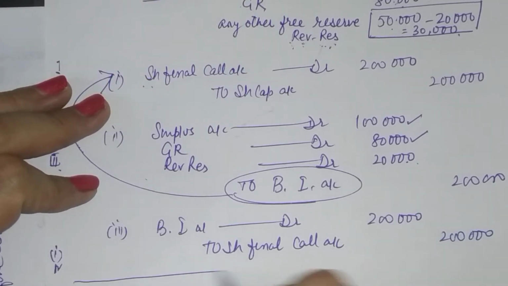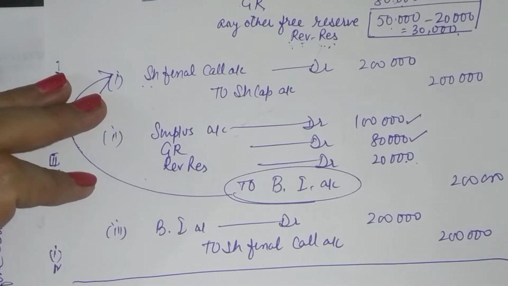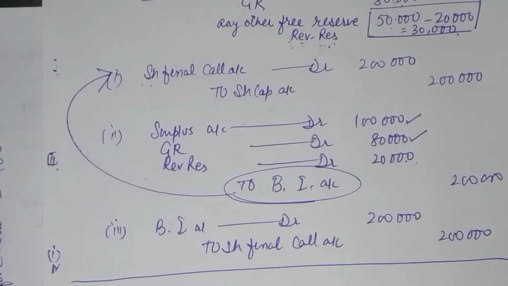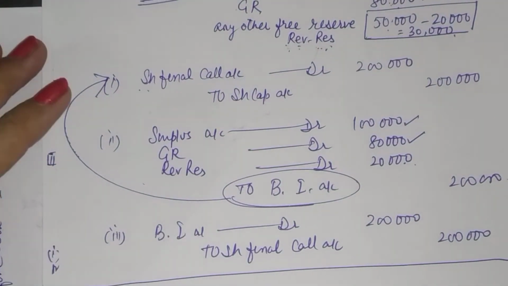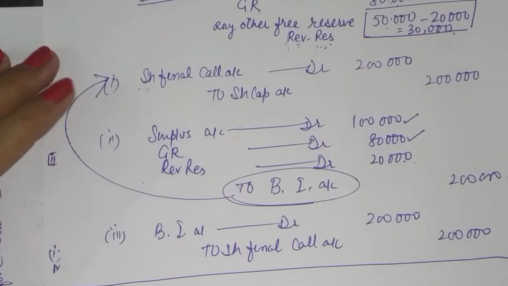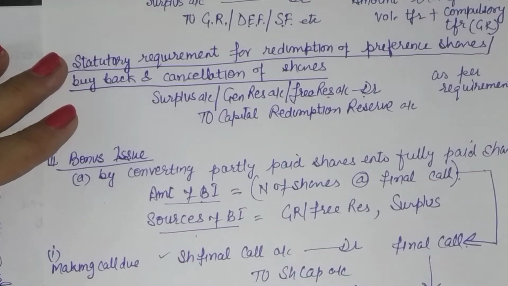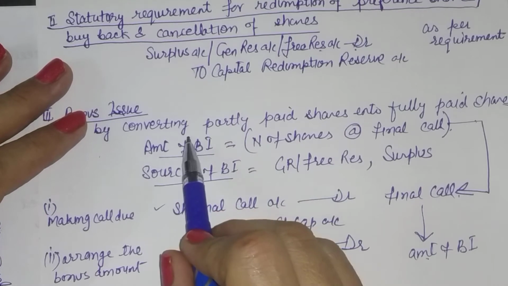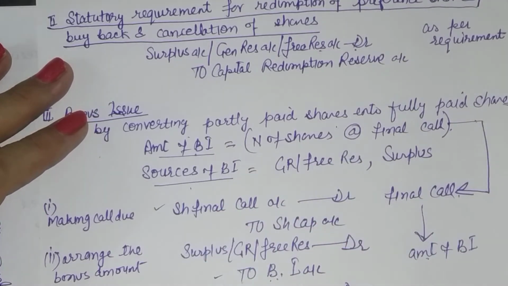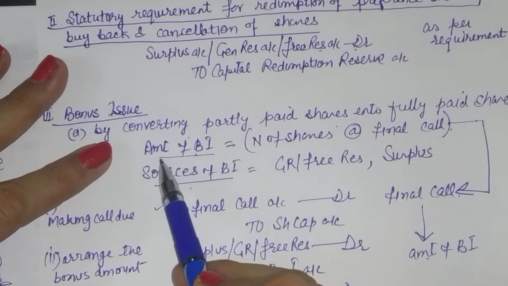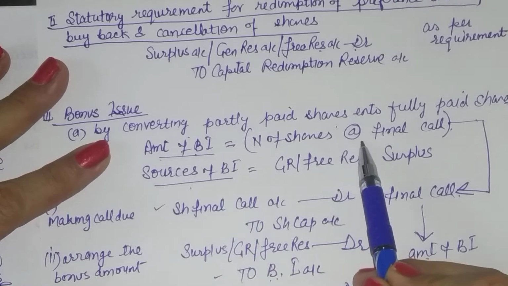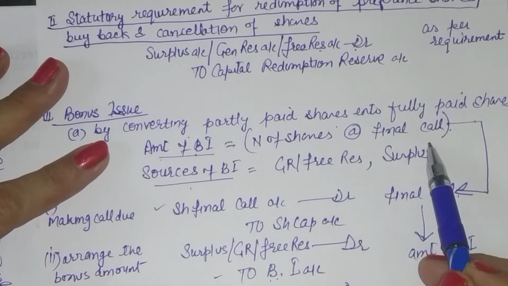Although you people must have done these entries in the first chapter while doing share capital, we are just revising it again because this is also necessary in the final accounts. So what were our journal entries for converting partly paid shares into fully paid, as we have understood through the example? First of all, calculate the amount of bonus issue, number of shares into final call.